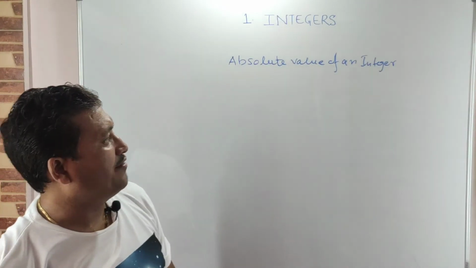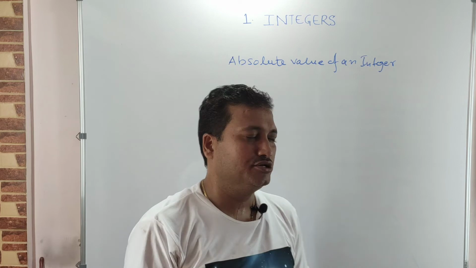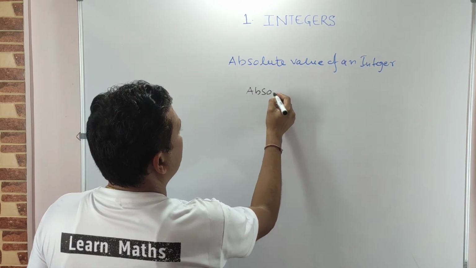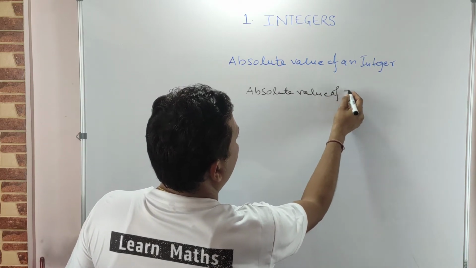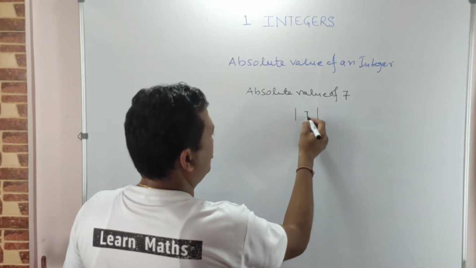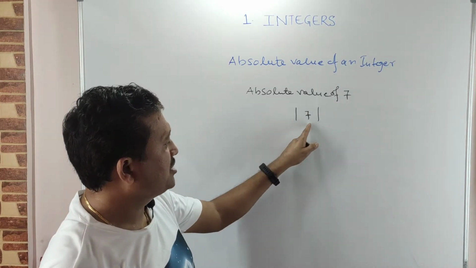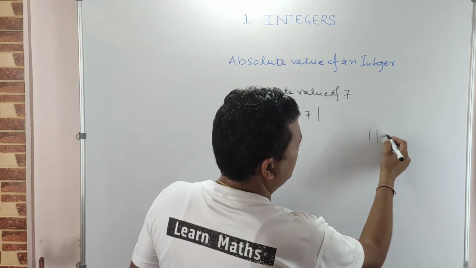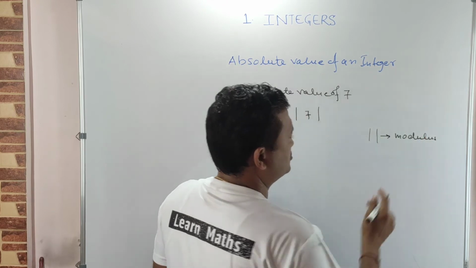Now we will see the absolute value of an integer. So what do you mean by the absolute value of an integer? The absolute value of 7 we write as two vertical lines, and between these two vertical lines I have written 7. These two vertical lines we read as modulus.